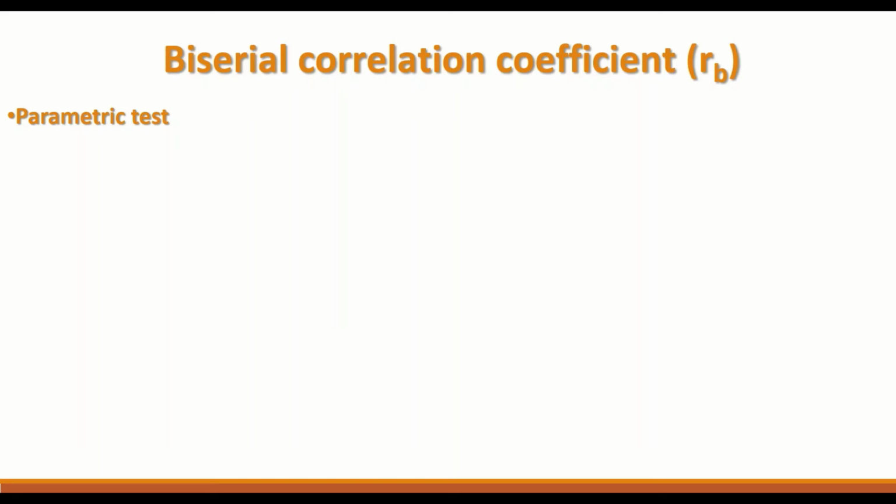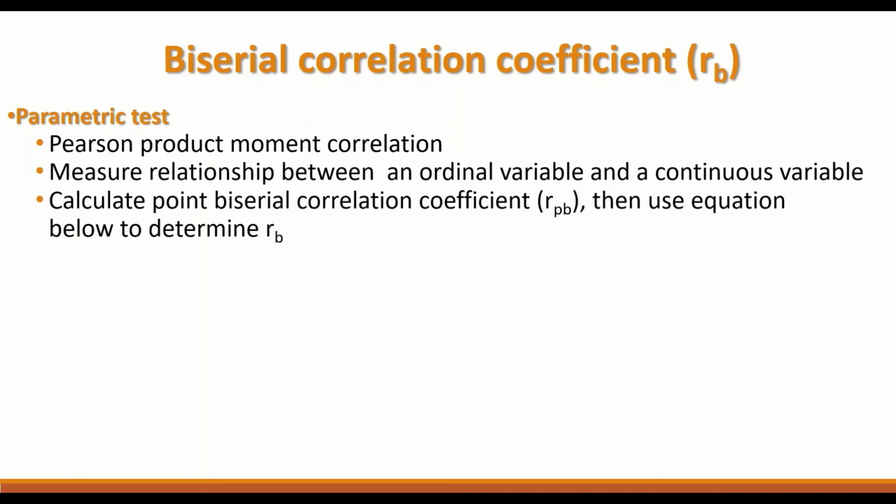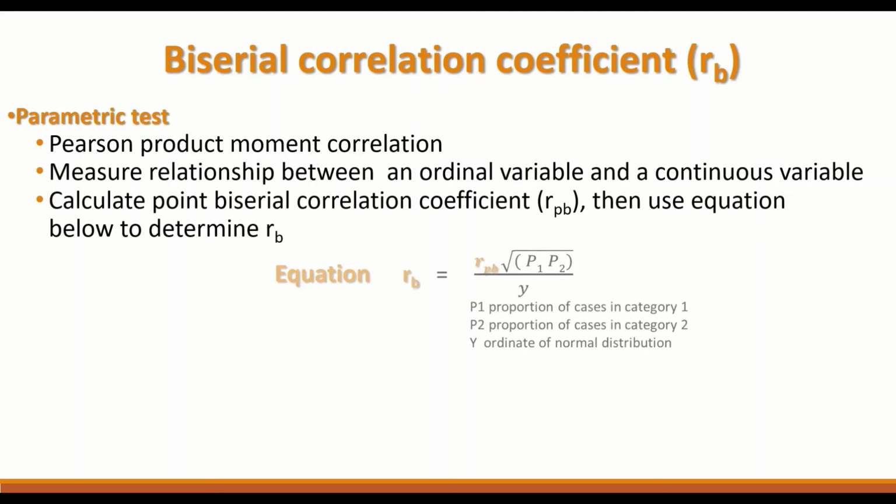It is a parametric test, and it is based on the Pearson's product moment correlation. It does measure the relationship between an ordinal variable and a continuous variable. So you have one variable continuous, the other one is ordinal. It calculates first the point-biserial correlation coefficient, rpb, then uses the equation below to determine the biserial coefficient.